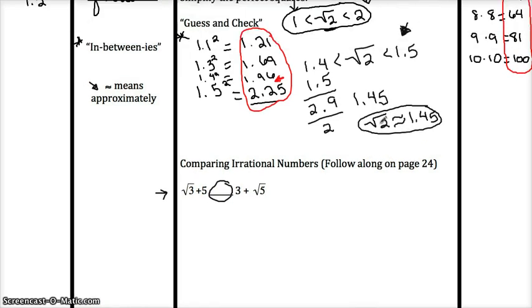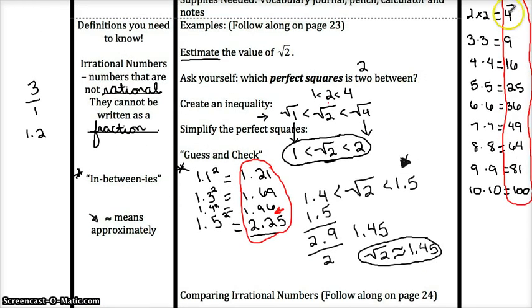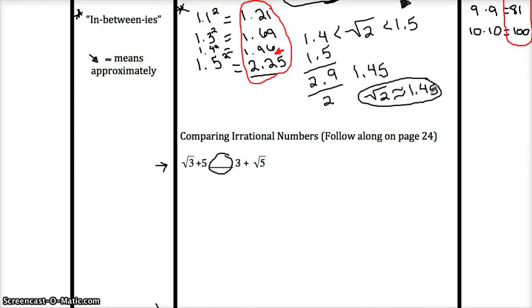We can go back up to our perfect squares list, and 3 is going to be between 1 and 4 again. So the square root of 3 is going to be between the square root of 1 and the square root of 4. So we know that the square root of 3 is going to be between 1 and 2, just like the square root of 2 was.